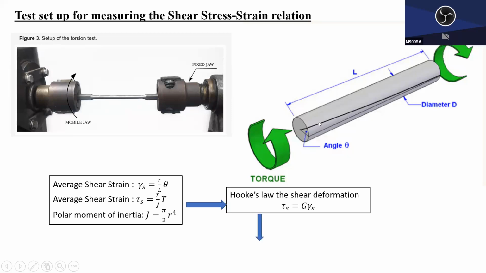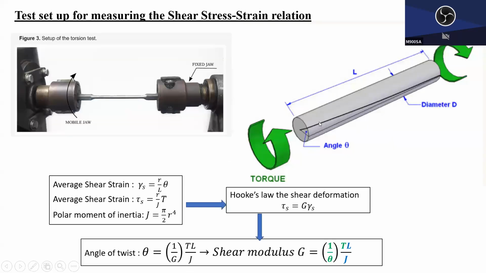And we know, for the linear part, Hooke's law also applies: shear stress, shear strain. In between, G is called the shear modulus. Combined together, we get this relationship. So we can measure this, right? T is recorded. L we already measured before the testing.